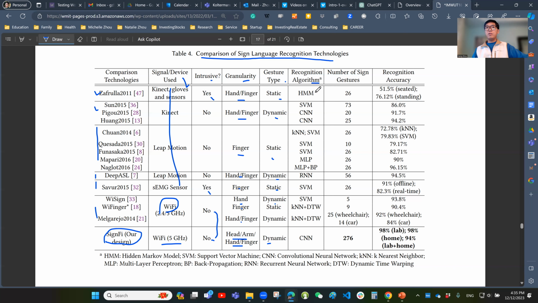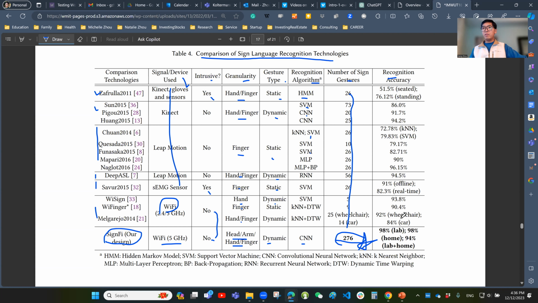Algorithm, what algorithm is used? Hidden Markov model, SVM, CNN, and so on. And we use CNN. Number of sign gestures: 26, 73, 20, 20, 20, 20. You see, here we stand out, 276. So I use bold font here to emphasize this is our clear novelty and advantage.